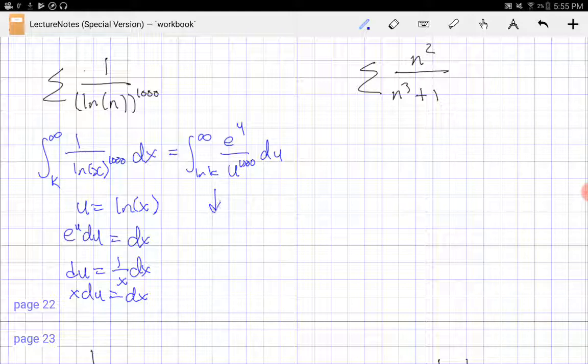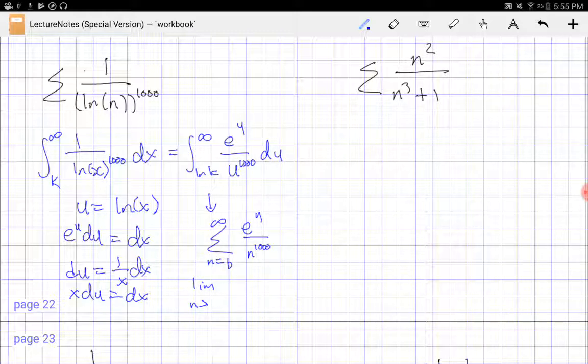So now instead of evaluating this integral, I'm going to convert it back to a series from some index b to infinity of e to the n over n to the 1000. And by the divergence test, so let me apply my divergence test actually.